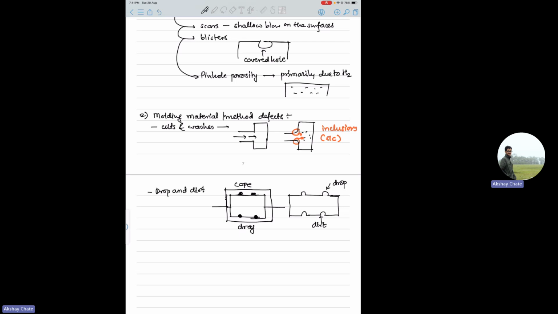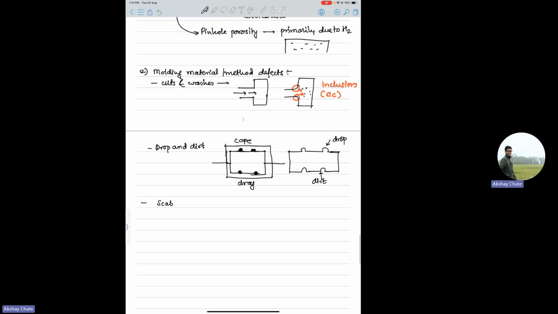Then you have something called scab. So what happens? In your cope part, if it is not properly rammed, sometimes you get something like this.